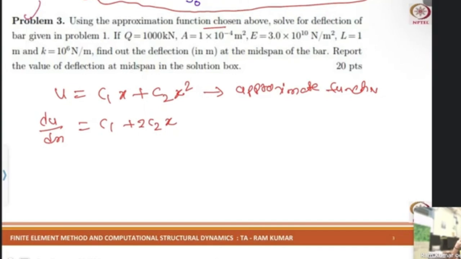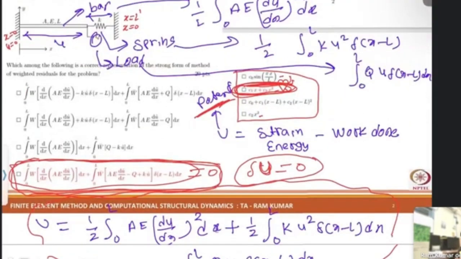But we have to find c1 and c2. Then how we are going to find c1 and c2? That we are going to use a weighted residual method. So what is our method tell us that this one should be equal to 0.